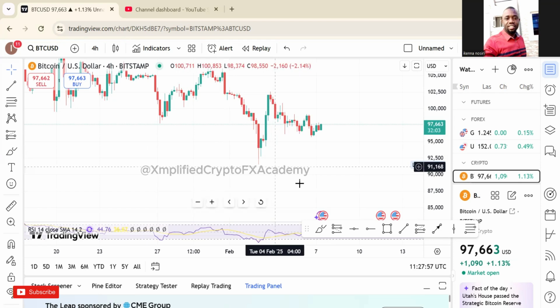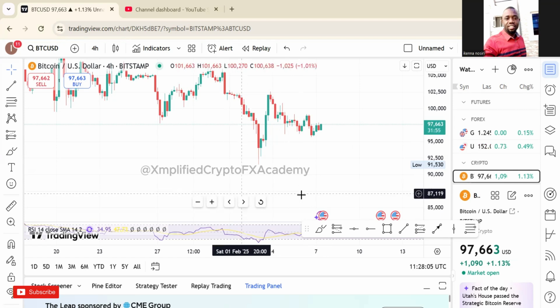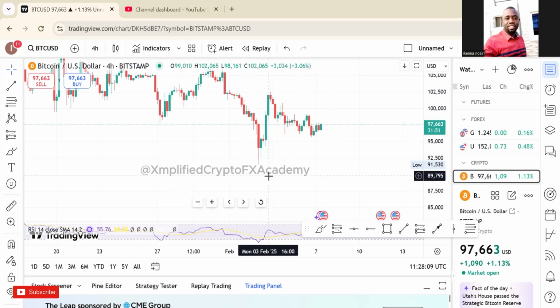So I've talked about bullish engulfing candles, and I talked about the tweezer bottom. The last one I did was the morning star candlestick pattern. This last one I'll be treating right now is the hammer.